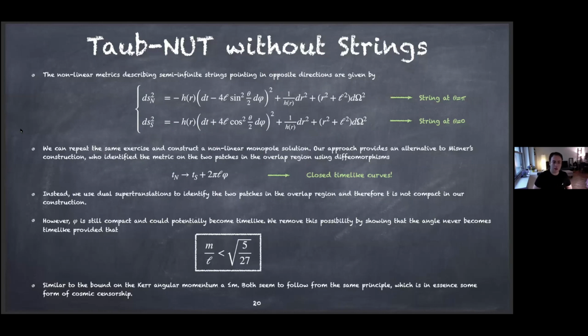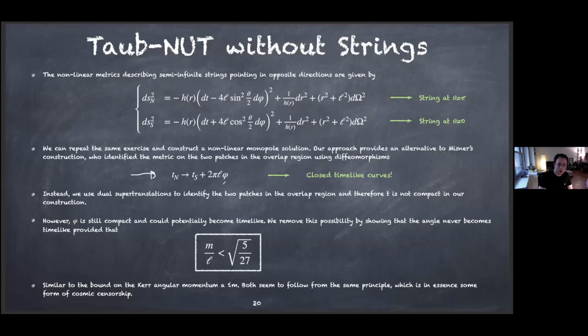So what he did, he used diffeomorphisms to glue the two patches on the equator. And the change of coordinates, or the diffeomorphism needed for that, is written here. It relates the time coordinate in the north patch and the time coordinate in the south patch in the following way.